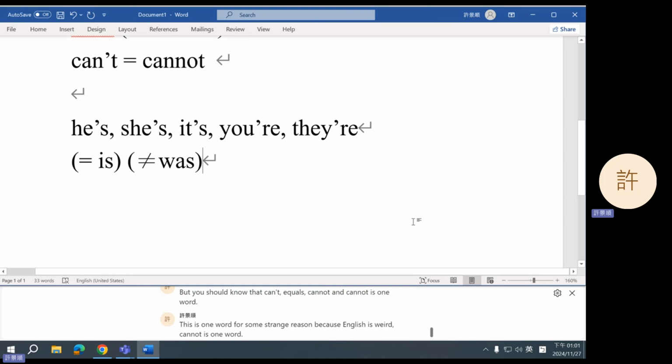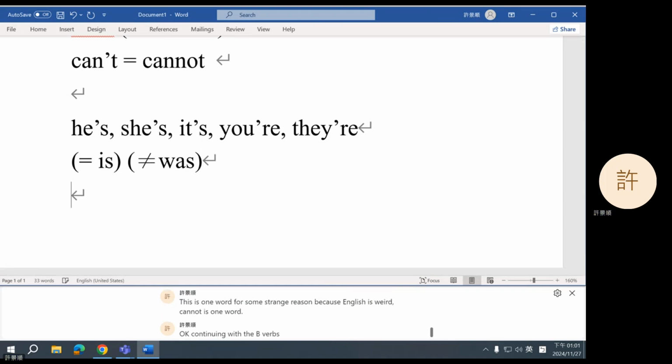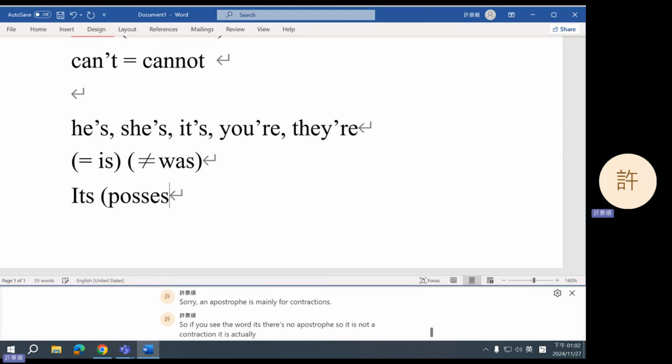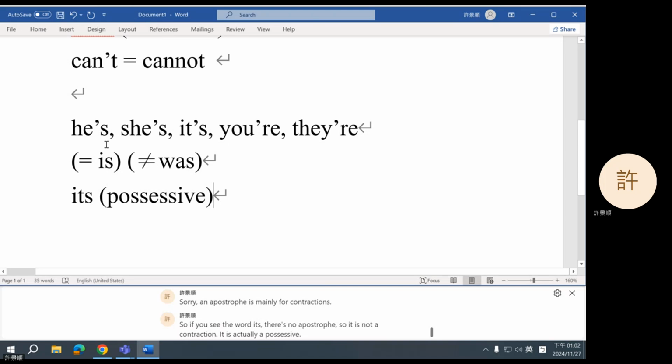Okay, continuing with the be verbs. Remember, an apostrophe is mainly for contractions. So if you see the word it's with no apostrophe, it is not a contraction. It is actually a possessive. Contractions take priority over possessive. If there's a confusion, it is a contraction.